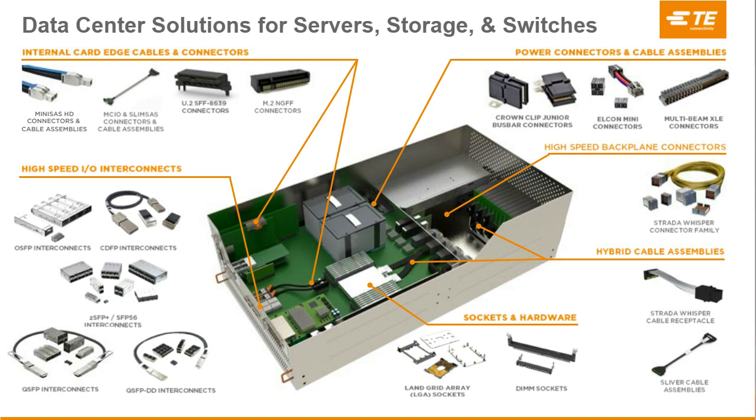You can only go so far when you increase speeds, and so at TE we're looking at both spaces. We continue to innovate in the copper space, try to push the limits, but we do have an eye on the optic piece as well. And I'll hand it over to Chris to maybe talk about some of the things we're doing in the data center to support optics.